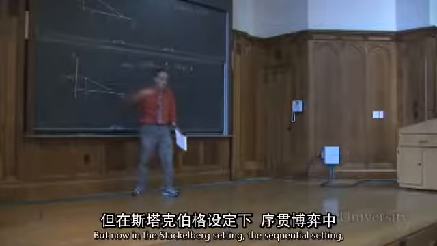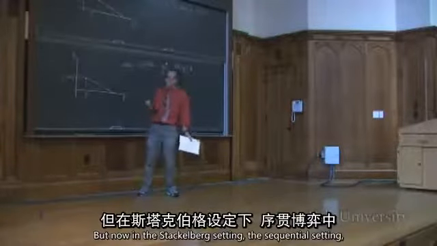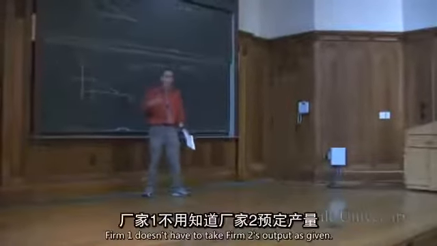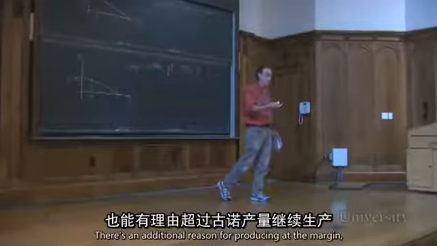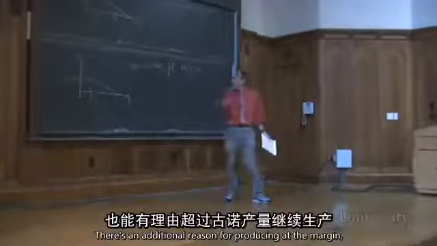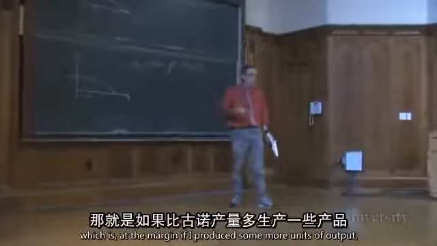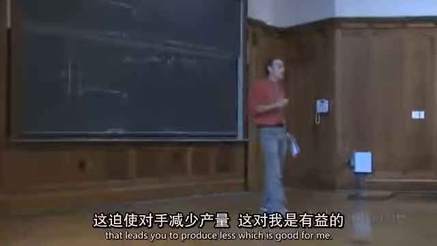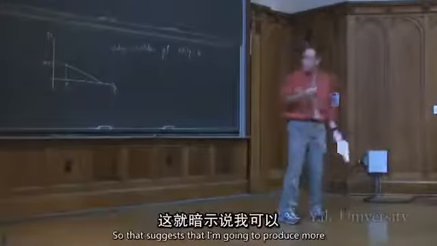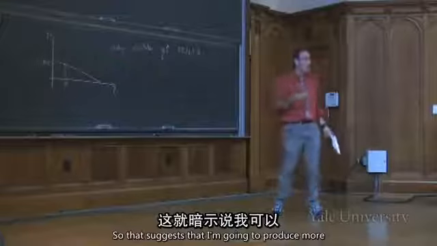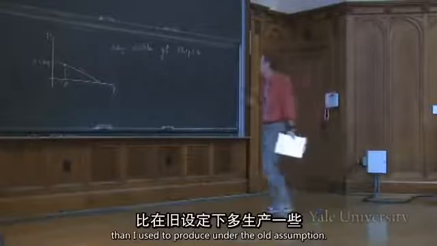But now we're in this Stackelberg setting, this sequential setting. There's an additional feature. Firm 1 doesn't have to take firm 2's output as given. There's an additional reason for producing at the margin: if I produce some more units of output, that leads you to produce less, which is good for me. So that suggests that I'm going to produce more than I used to under the old assumption.